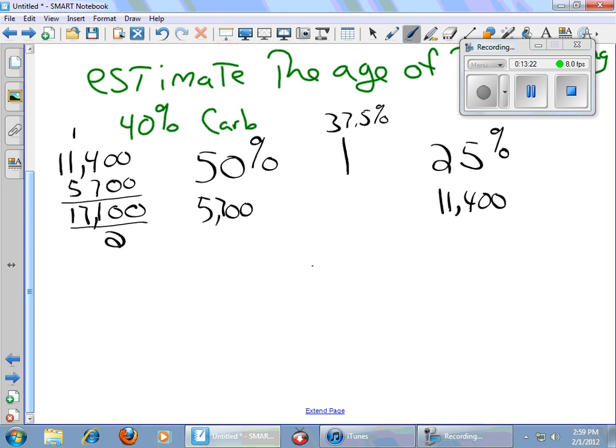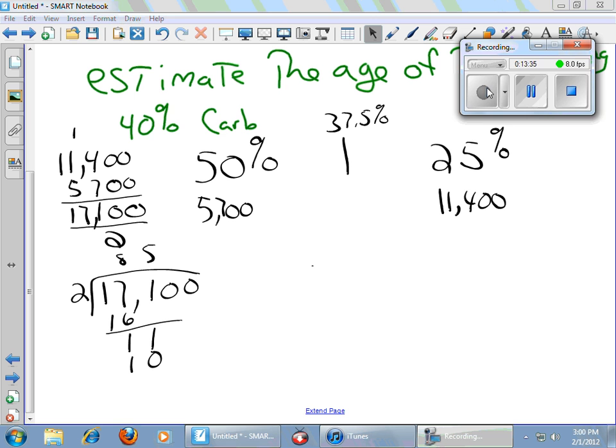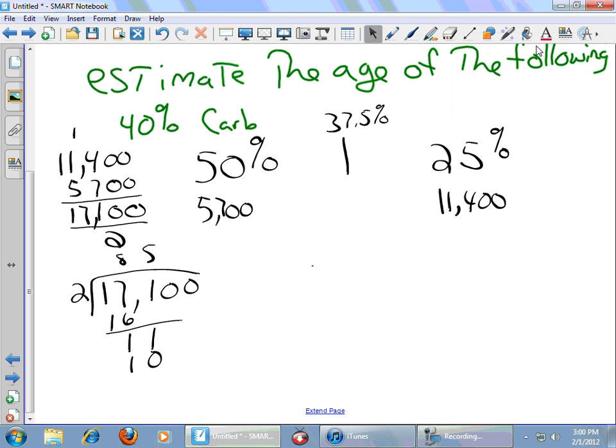All right, so if I average the two, let me do some long division. Okay, 2 is going to go 8, we're going to get 16, right? We're going to get 5, and that's going to be a 10. Okay, am I doing this right?